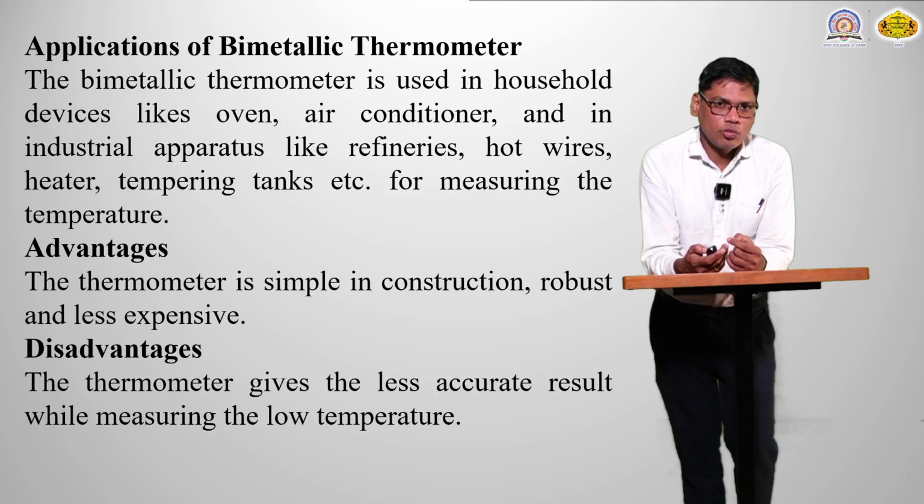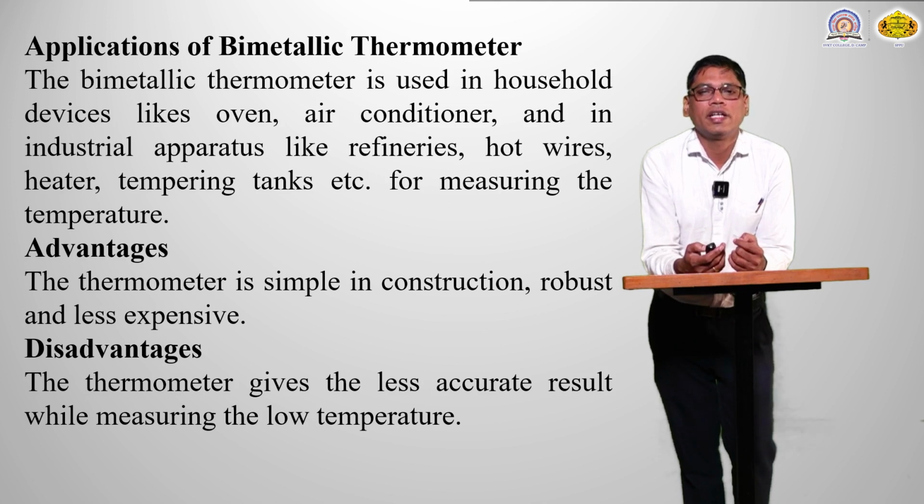So what are the applications of the bimetallic thermometer? The bimetallic thermometer is used in household devices such as ovens and air conditioners, and industrial apparatus like refineries, hot wire heaters, and tempering tanks for measuring temperature.